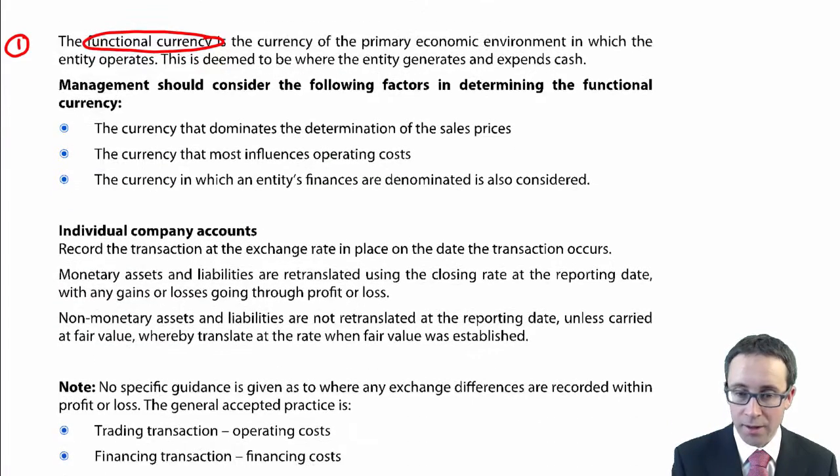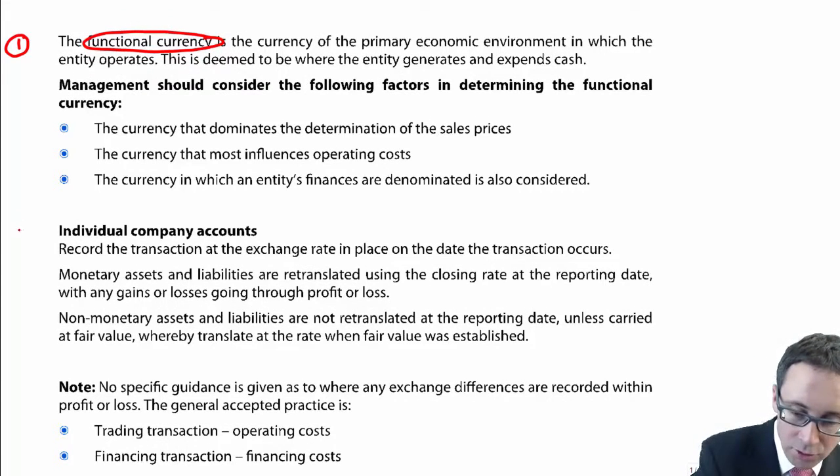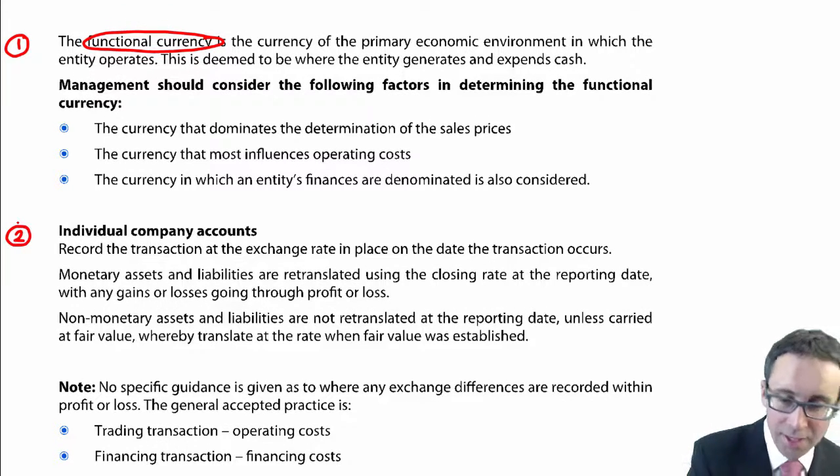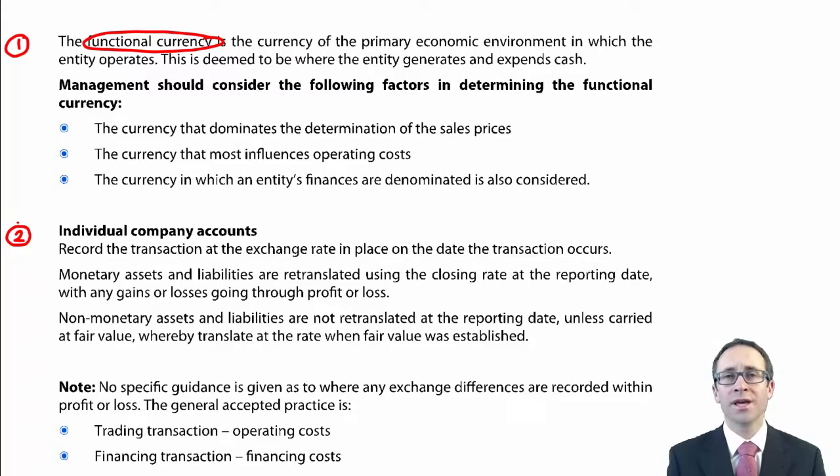Once we've gone through and understood the functional currency, we can then look at how to record transactions in that functional currency if the transaction we enter into is in a different currency to our functional currency.